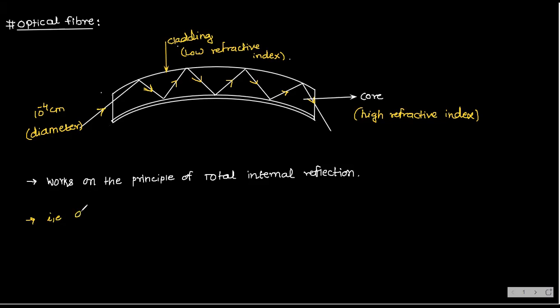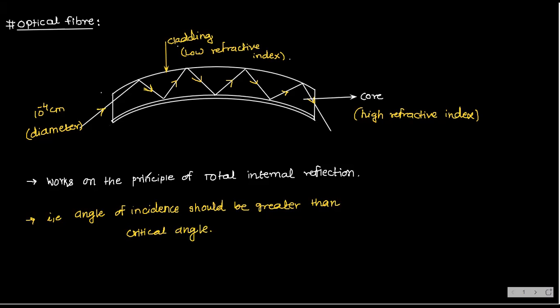That is, I am writing here, angle of incidence should be greater than critical angle. That is the principle of total internal reflection. So like that data will transmit.